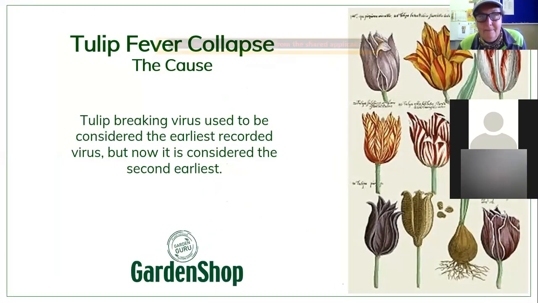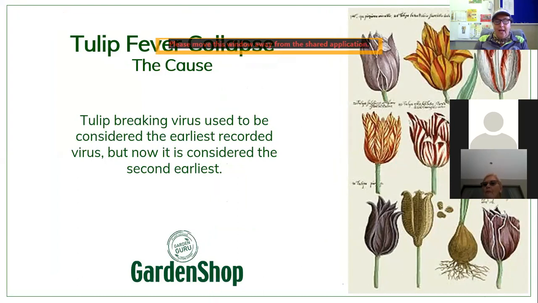And then something happened. This whole thing collapsed because all of a sudden these bulbs didn't grow anymore. And why? Because those tulips with the stripes in them, those very sought after tulips, actually were virus infected. And they couldn't flower anymore, and they couldn't make offspring anymore.